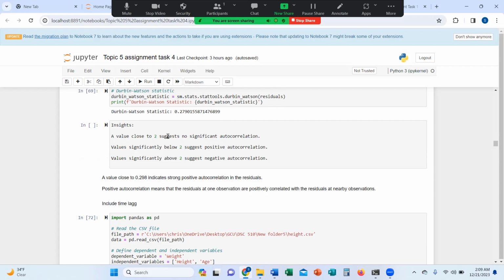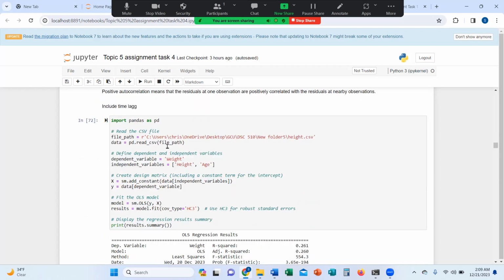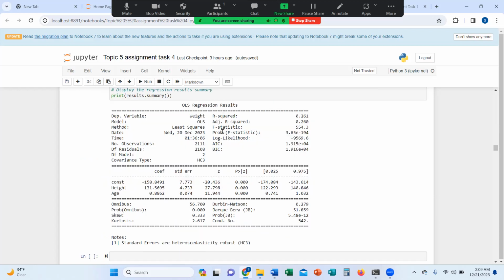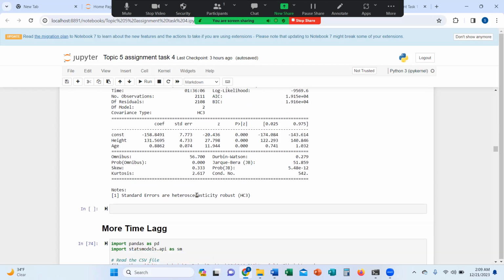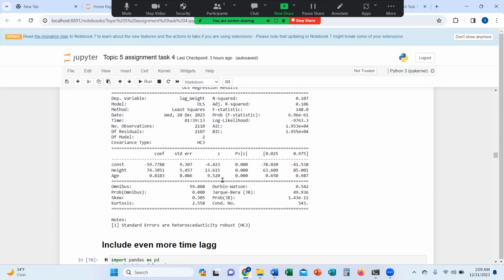And I got a value of 0.279. To improve on that, I include a time lag. And the value became 0.542.